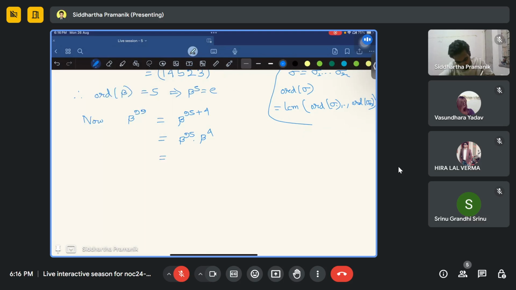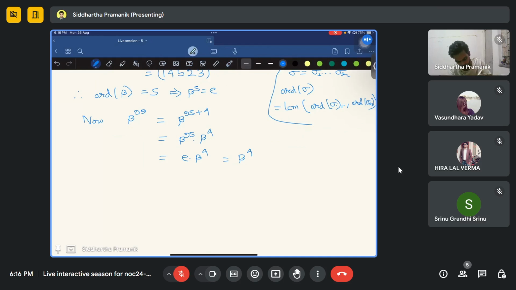So beta to the power 95 is also identity. So we have beta to the power 4. So beta to the power 99 is equal to beta to the power 4. So we need to find beta to the power 4 first.